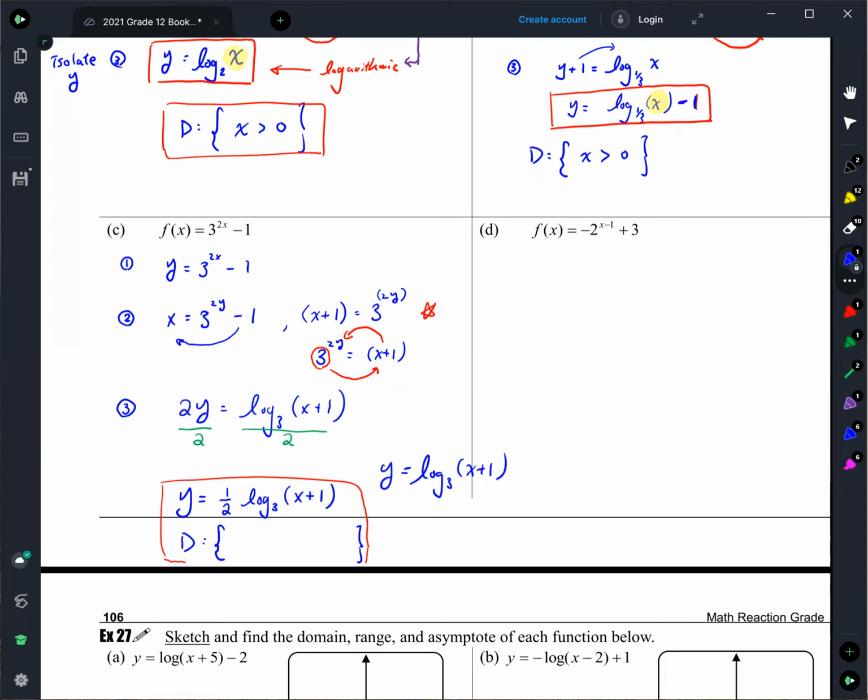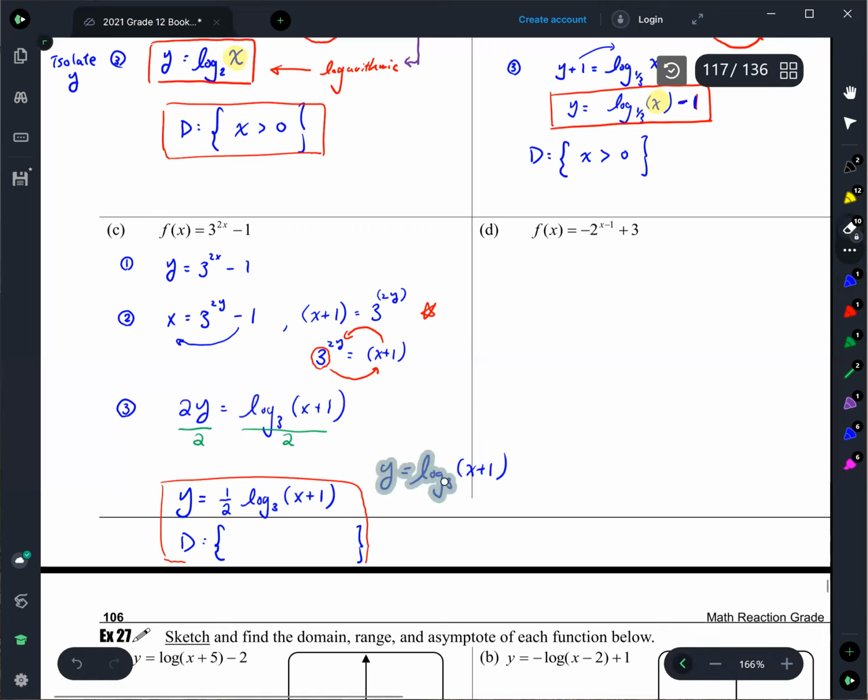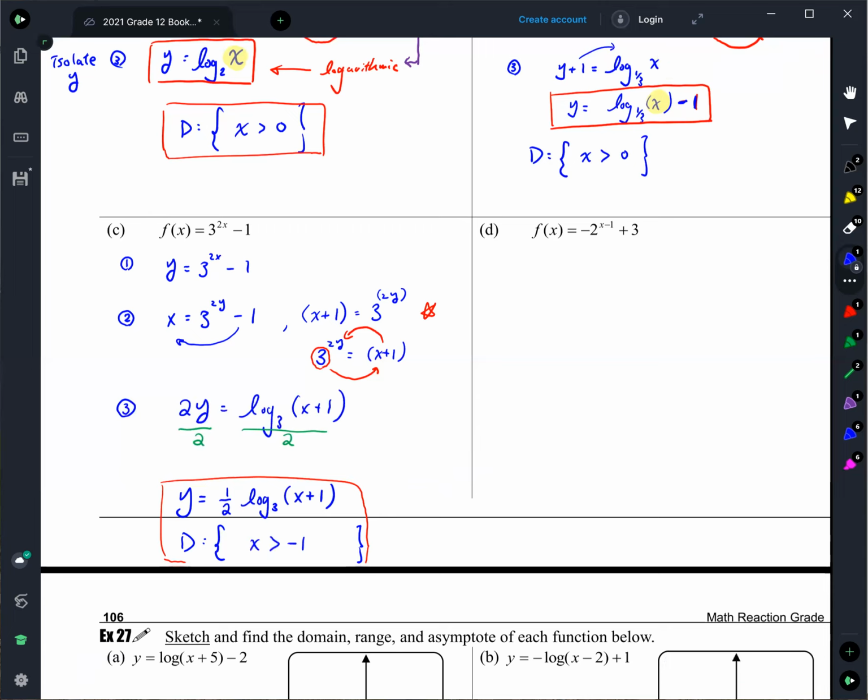Okay, and Philip, did you get the domain? Is it x is more than -1? Yes, very good. X more than -1. So to find the domain, you need to look at the inside. Inside you have x plus 1. You want to make sure that part is positive.